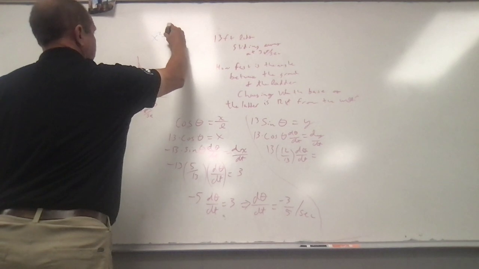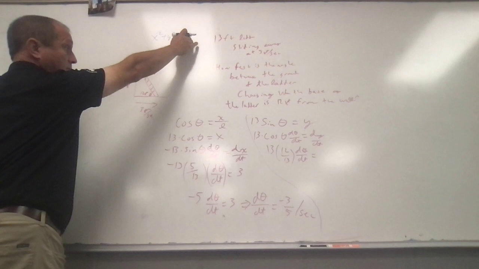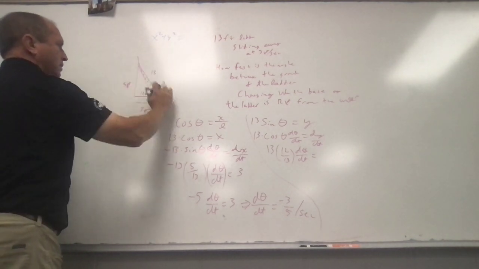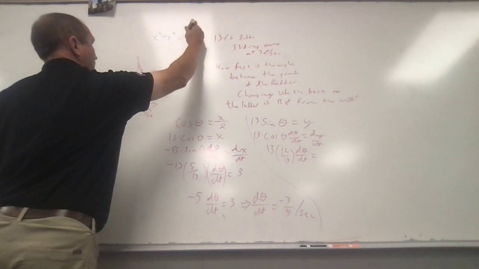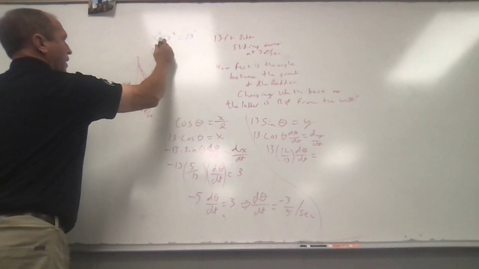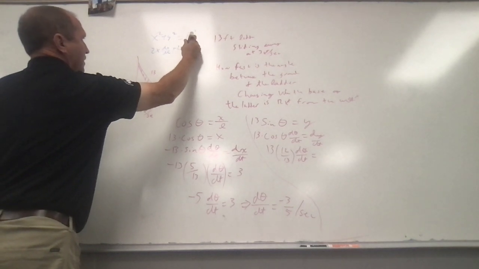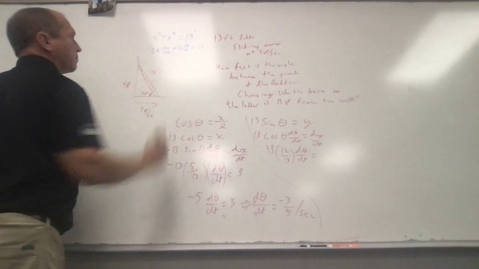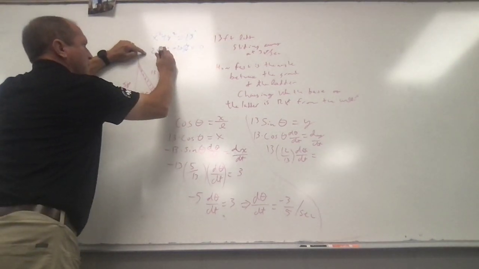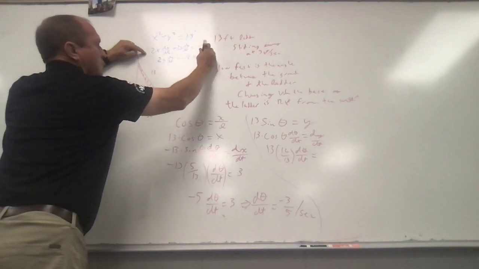So x squared plus y squared equals, and typically I'll put L squared here, but again, we've worked enough of these problems to know that this is constant, so we'll just say 13 squared. So 2x dx dt plus 2y dy dt equals 0. dy dt is what we're solving for. So 2y dy dt equals negative 2x dx dt.